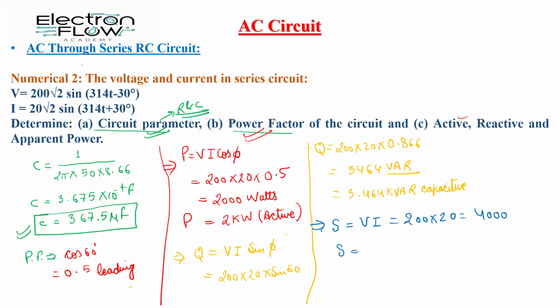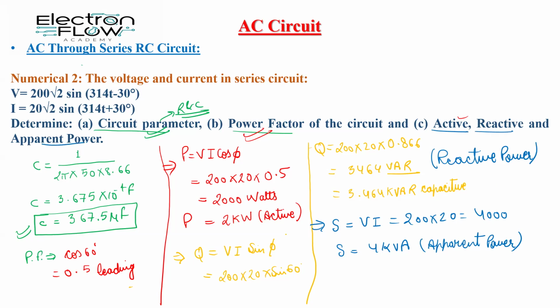So S is equal to 4 kilo VA. This is our apparent power, and this is our reactive power. So point number C we have calculated as follows.